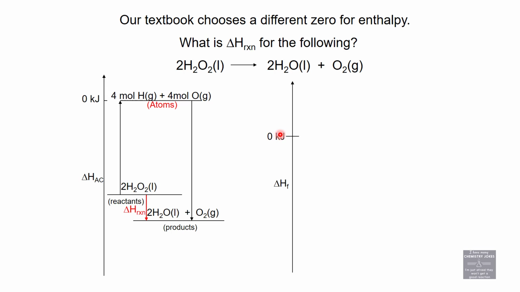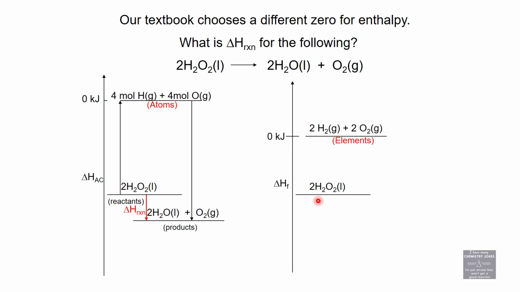So in the textbook, my reference point of 0 kilojoules is elements in their standard state. So I've got hydrogen on the reactant side, so H2 is the stable standard state of hydrogen, and O2 is the standard stable state of oxygen. So those values are what's defined as 0 for formation enthalpies. See, this is atom combination, this is formation.